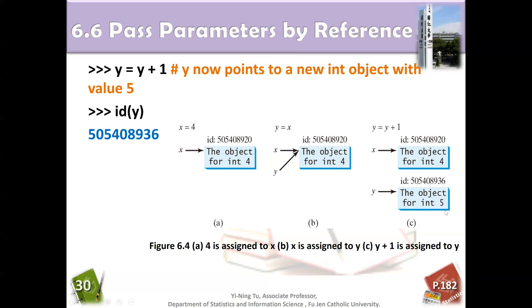It will create another object, we call that integer 5, and y will remember its address. So it's a little bit different, because actually when we assign a value to a variable, it is to remember the address. So it will not change the value.